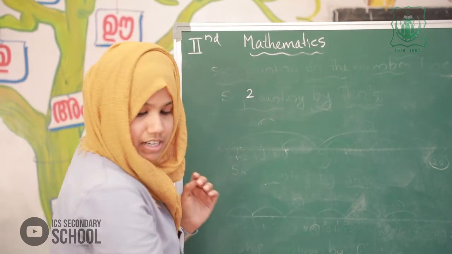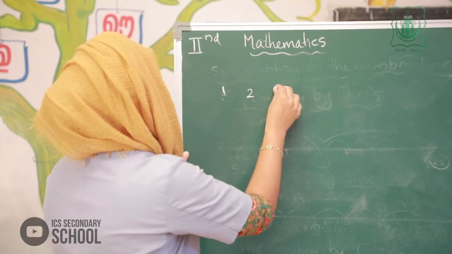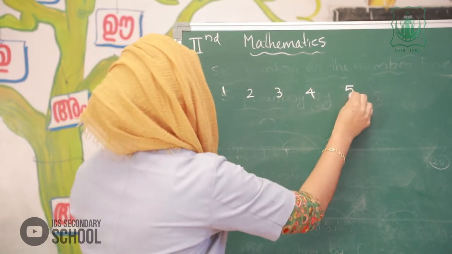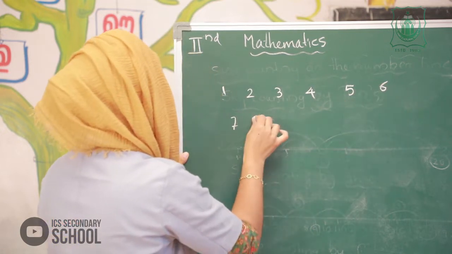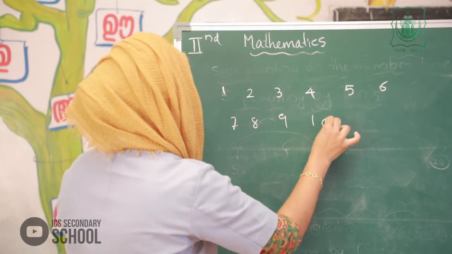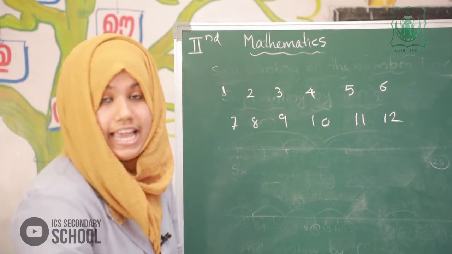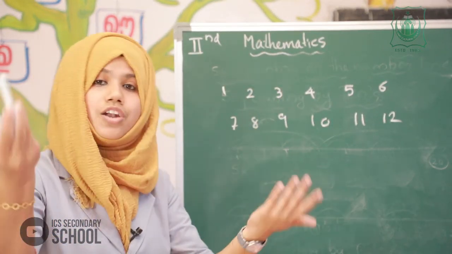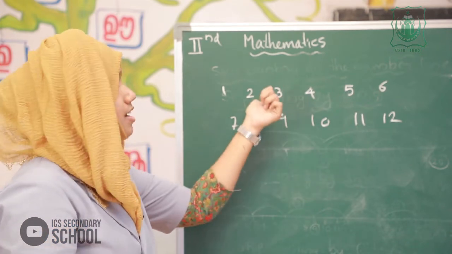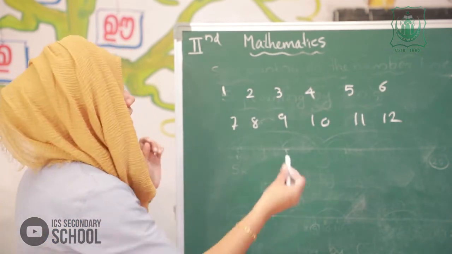You get the numbers 1, 2, 3. I will write some numbers here. Okay. I will write only some numbers here. This is your number. And the question is skip count by 2, start from 2. That means you can start from 2. Okay.